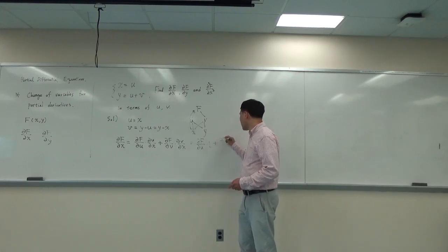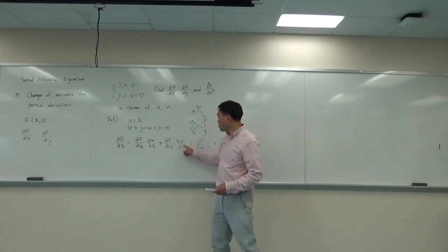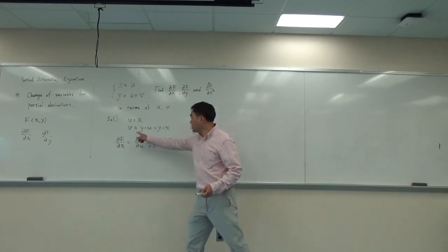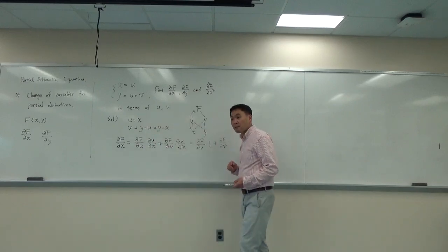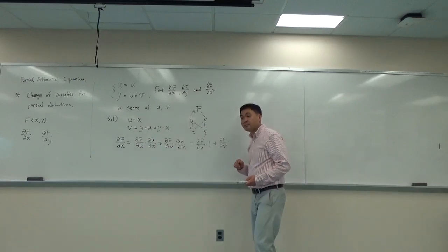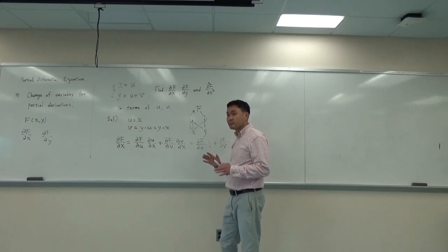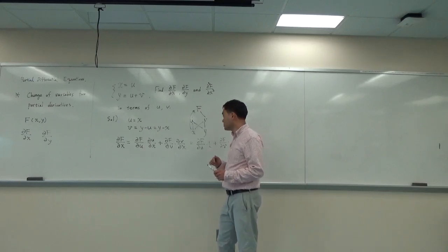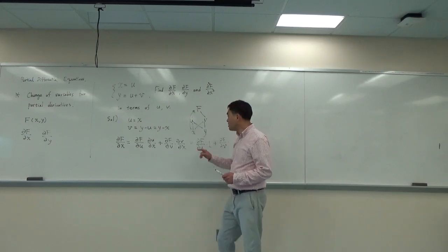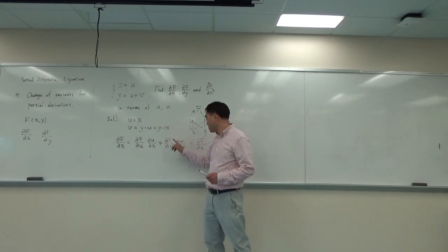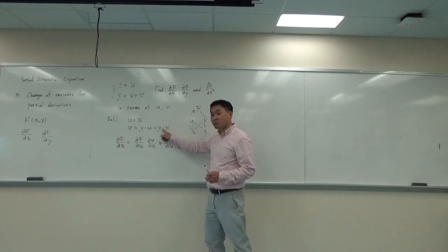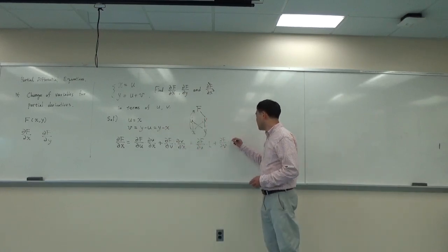Plus partial F, partial V is okay. But what is partial V, partial X? See, V is Y minus X, so what? Minus 1. If you differentiate Y minus X by X, Y differentiated by X is 0, X differentiated by X is 1, but there's a minus, so it's going to be negative 1.